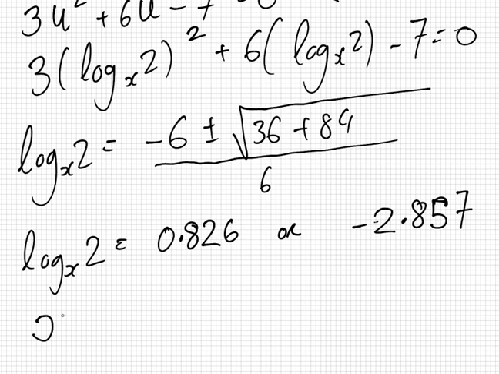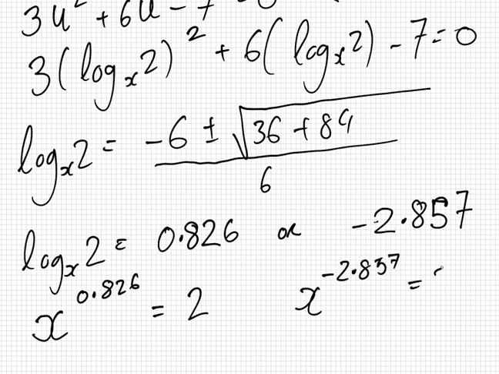I just need to find the x now. But if you remember what log means, what this means is x to the power of 0.826, that should equal 2. And then here it means the same thing, x to the power of minus 2.857, that should equal 2.